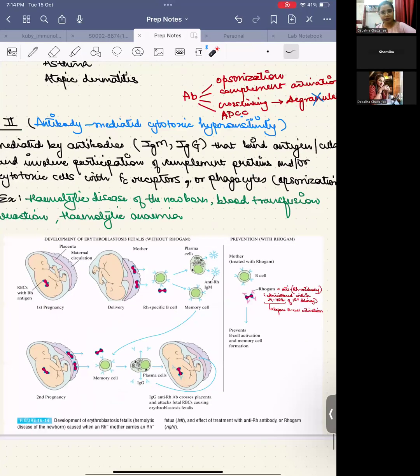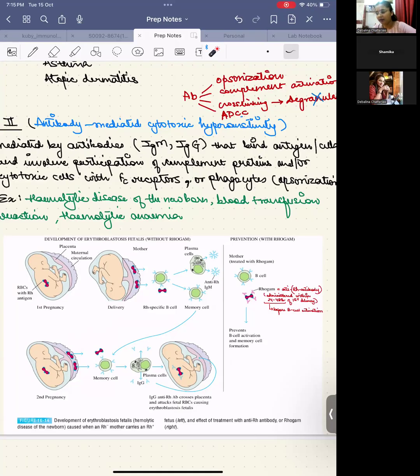Let's try and understand with one example. The hemolytic disease of the newborn, also known as erythroblastosis fetalis, happens if there is an Rh positive fetus inside of an Rh negative mother.